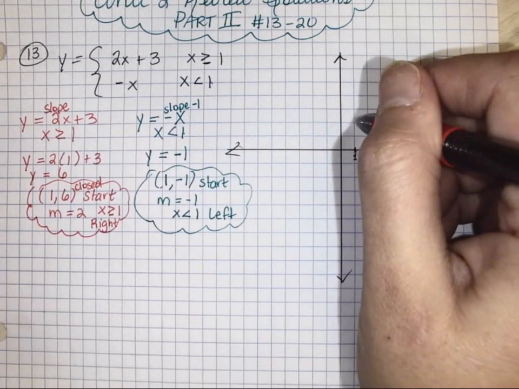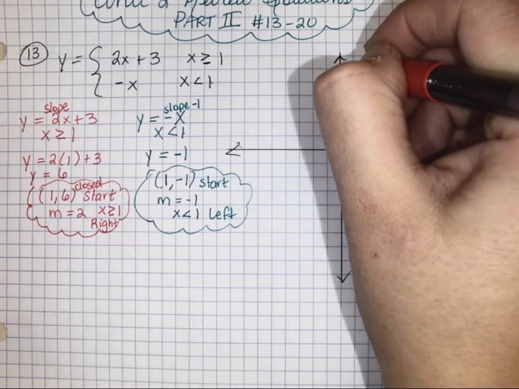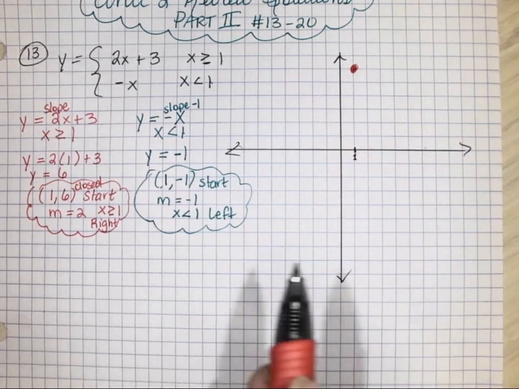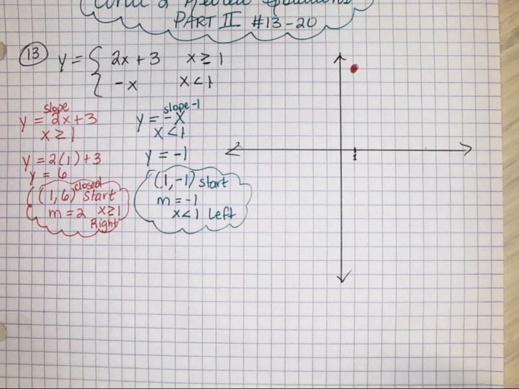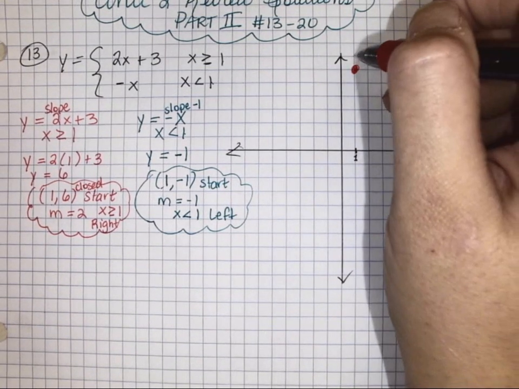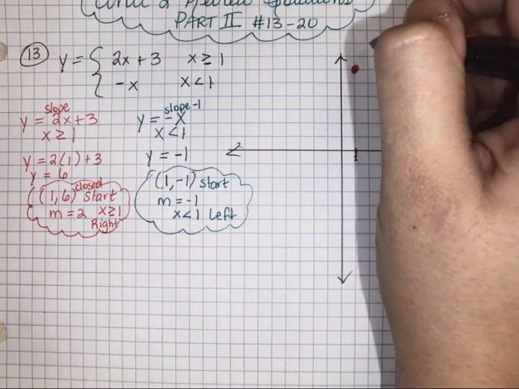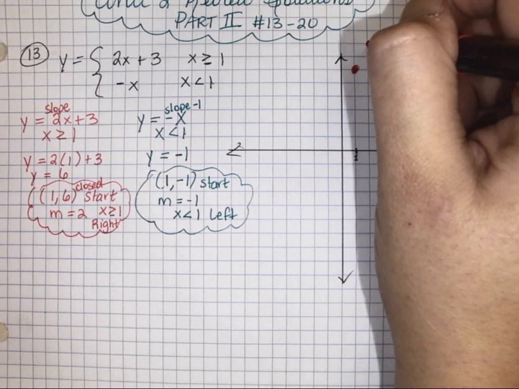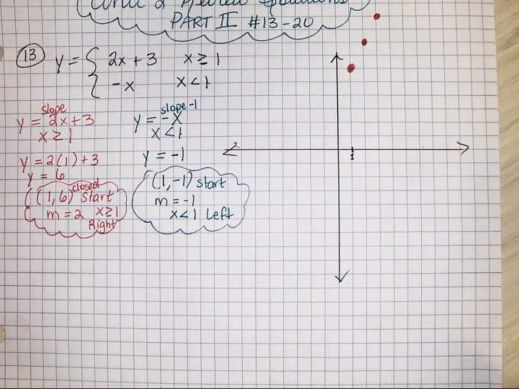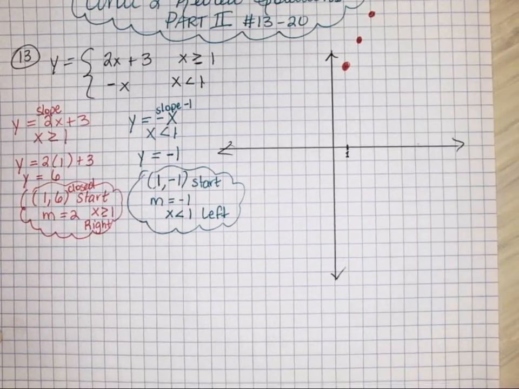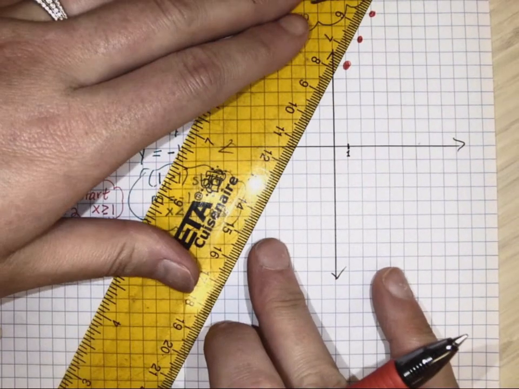So 1, 6 is here, and I said I only want to see the right side. And it's got a slope of 2. So I go up, rise over run, so up 2 over 1, up 2 over 1. Let's go another one. And so that's that part.